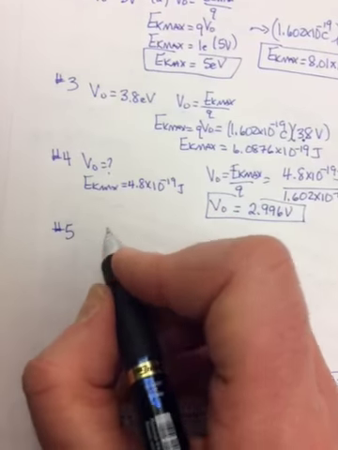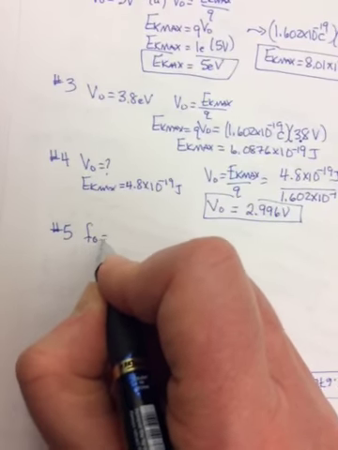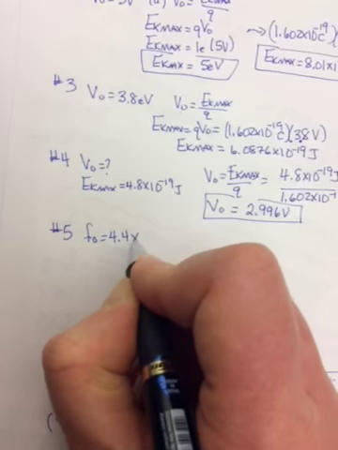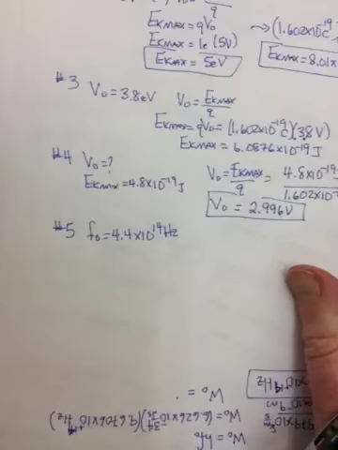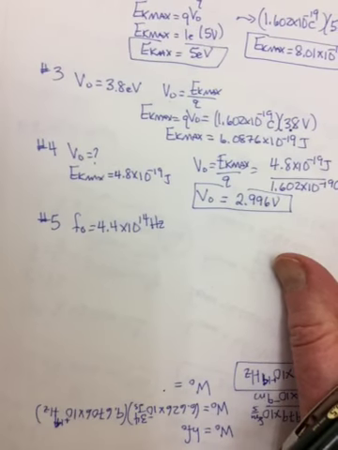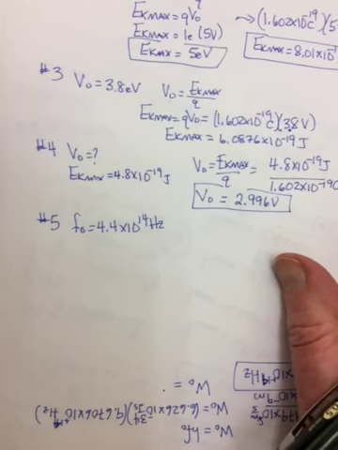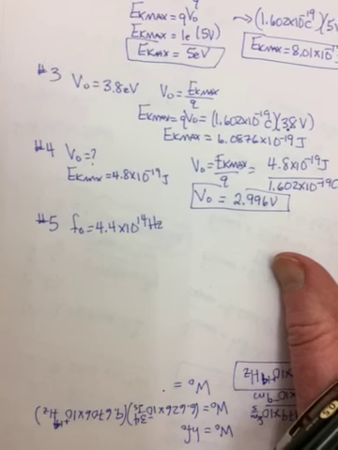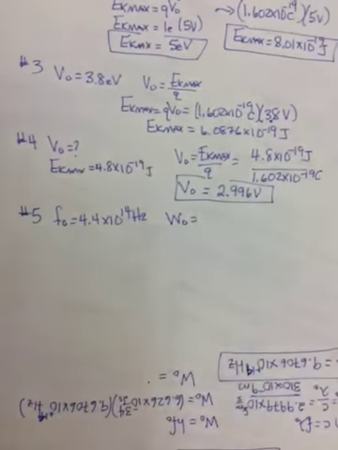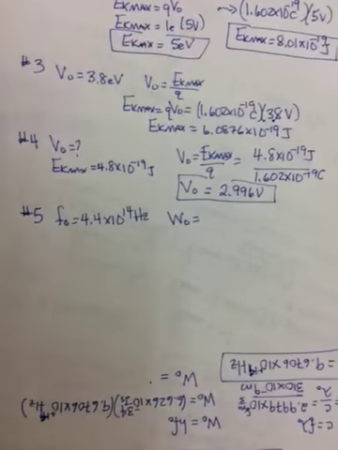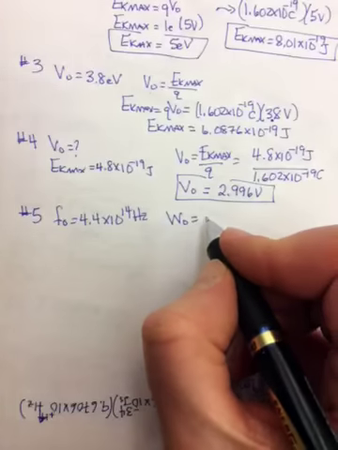Number 5 says the threshold frequency of sodium, FO, is 4.4 times 10 to the 14th hertz. How much work must be done to free an electron? In other words, what is the work function? That's why it's called the work function, because it's the work that needs to be done on the material to free the electron.